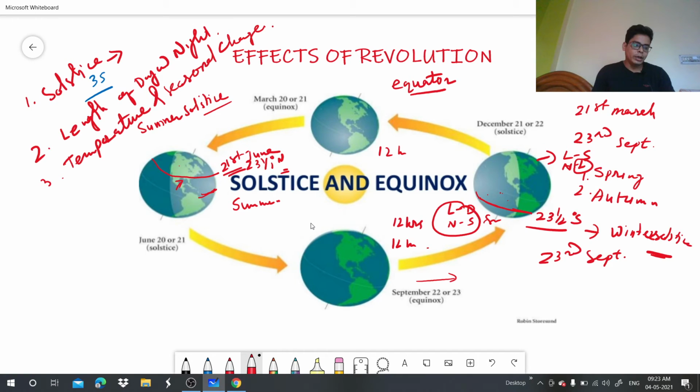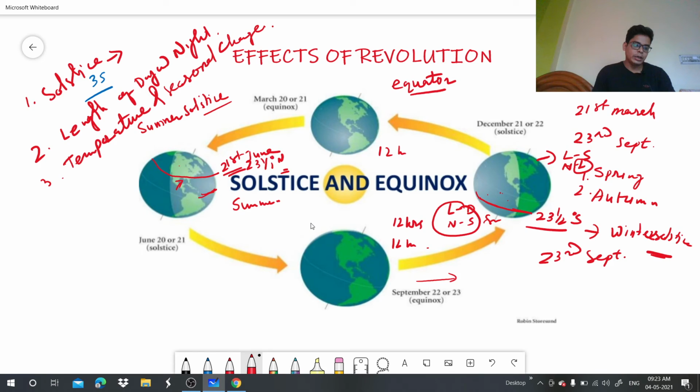The four seasons are spring, summer, autumn and winter. Beyond 66 and a half degrees north, meaning 66 and a half to 90 degrees north, and 66 and a half degrees south to 90 degrees south.